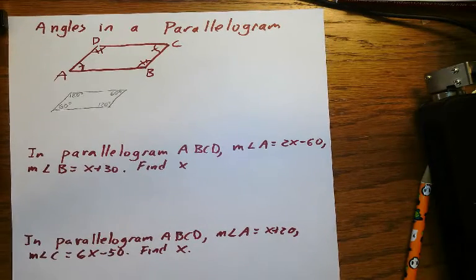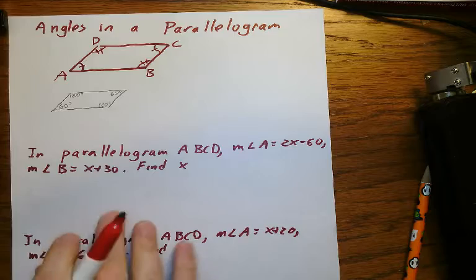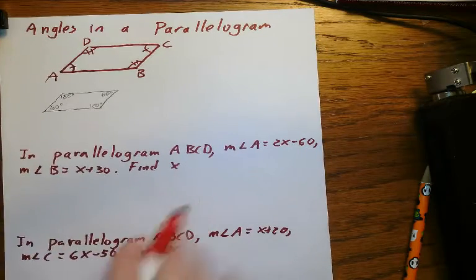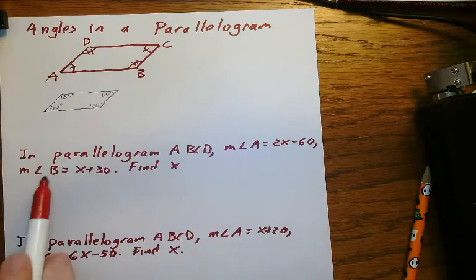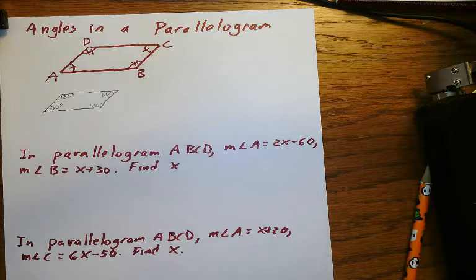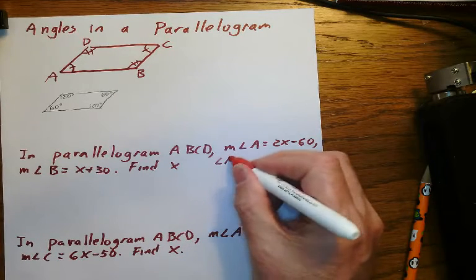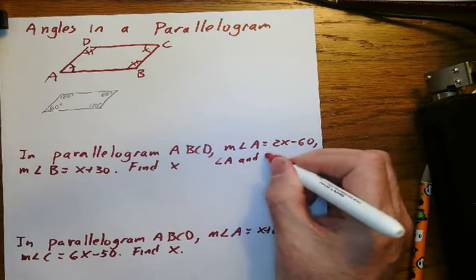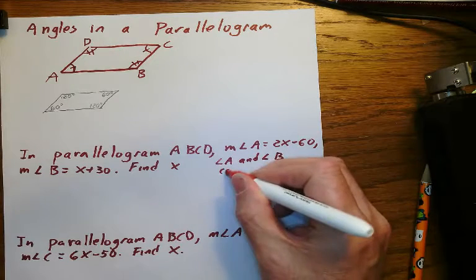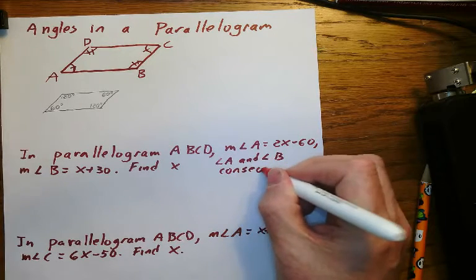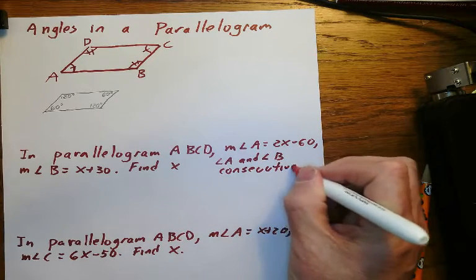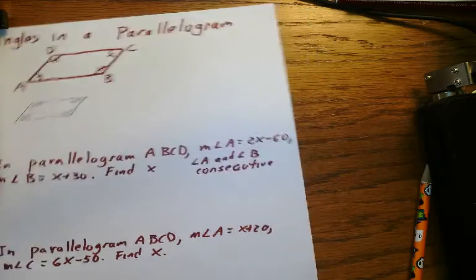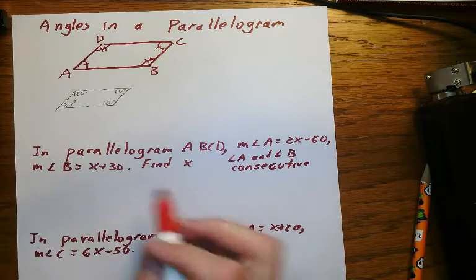In parallelogram ABCD, angle A is 2x minus 60, here's A, and angle B is x plus 30, there's B. A and B are consecutive angles. Angle A and angle B are consecutive. That's the word we use, and consecutive means they add up to 180. They're supplementary.